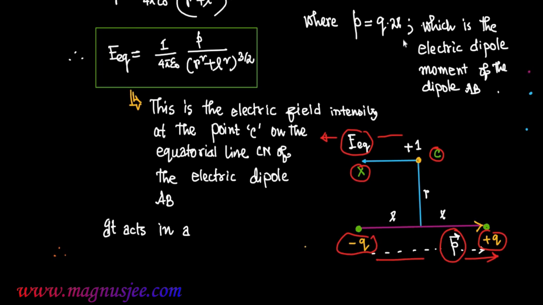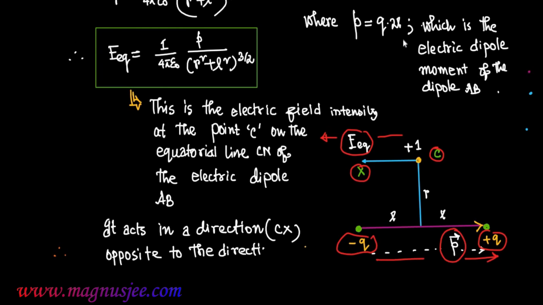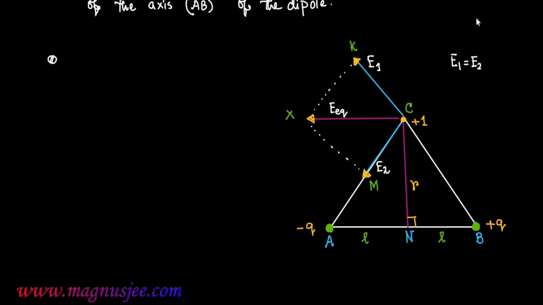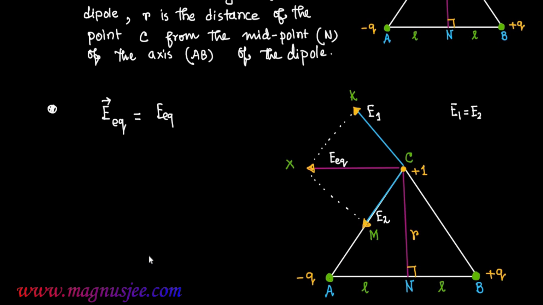Field intensity acts in a direction CX, opposite to the direction of dipole moment vector P, which acts from minus q to plus q charge. Therefore, vector E_eq equals E_eq times minus P cap, where P cap is the dipole moment unit vector, equal to 1 by 4 pi epsilon 0, P divided by (r square plus L square) whole to the power 3 by 2, times minus P cap.